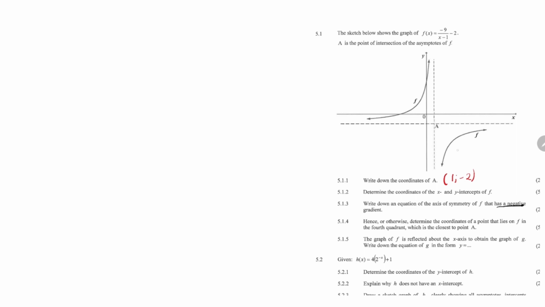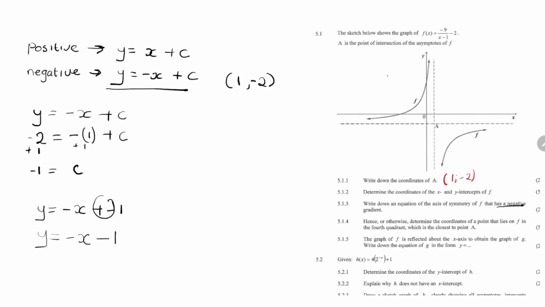All right, so now we know that we have to find our coordinate right here on the graph F. So here we were told that this coordinate we are looking for is the closest to point A. So that means that coordinate is where the graph curves, or it's the turning point of this curve, which can also be determined by this axis of symmetry, which we got on the previous question.